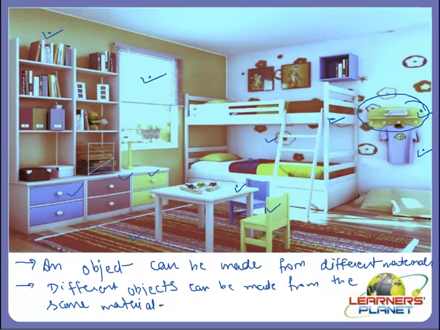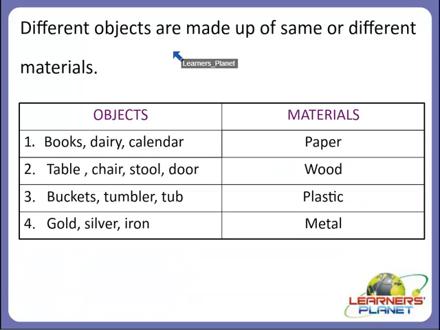Objects are non-living things present around us that provide us with comfort in our daily life. There are different objects which are made up of the same or different materials. Like there are some objects which are made up of these materials.